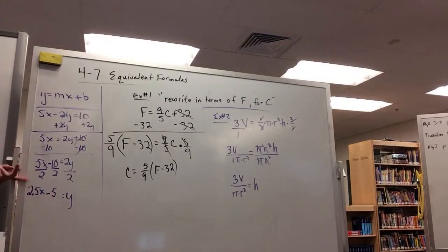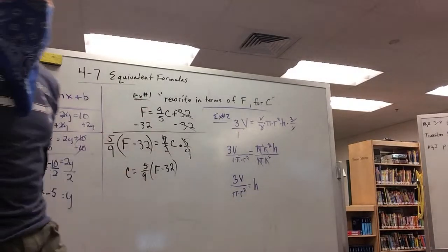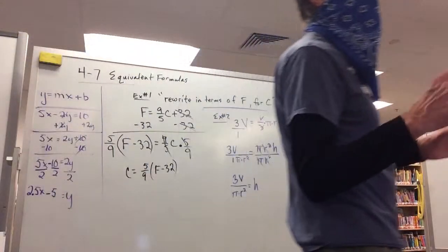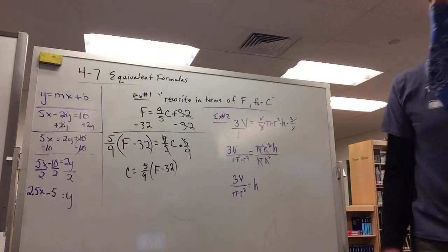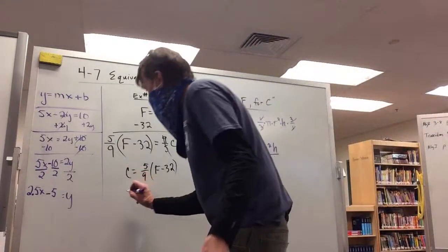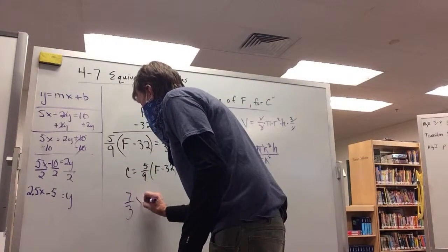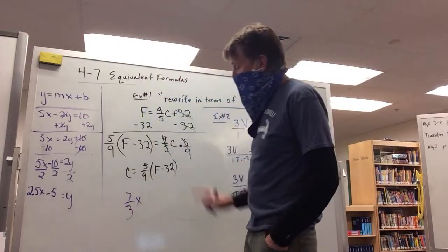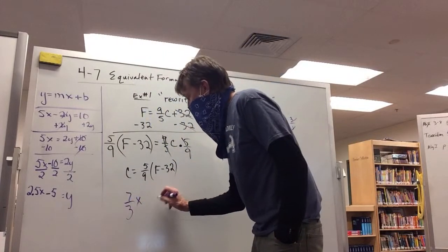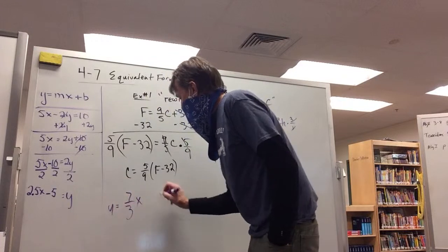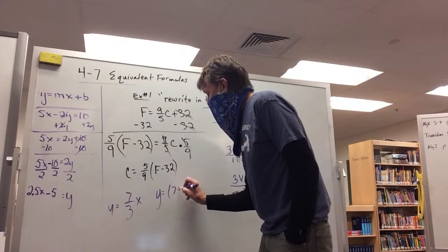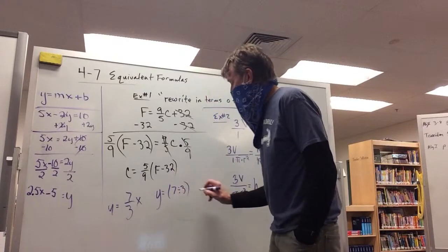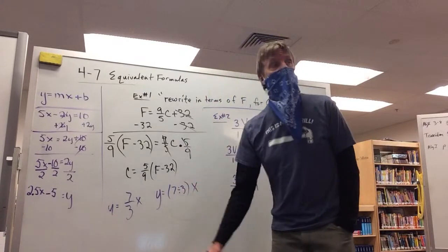However, sometimes you come up with weird things like 7/3. You can't change that to a decimal and graph it. If you were going to do that, like let's say you came up with 7/3 x, and you had to put that into a graphing calculator, this is how you do it. When you get to the y equals in the calculator, you do parentheses, 7 divided by 3, parentheses, and then you do the x.